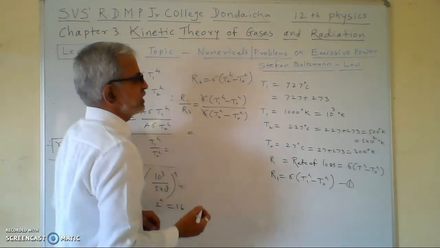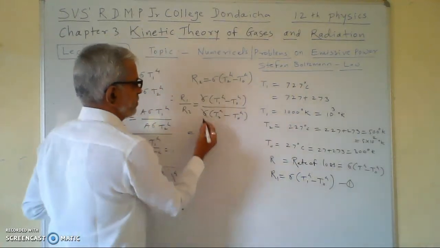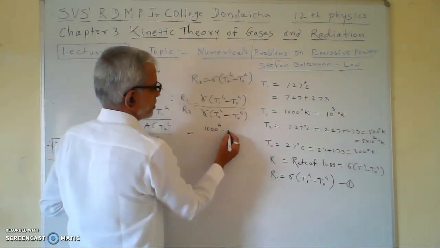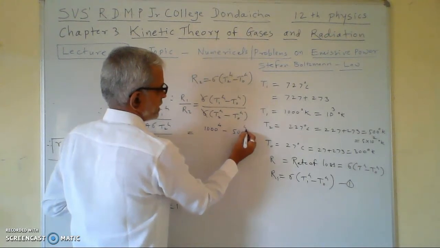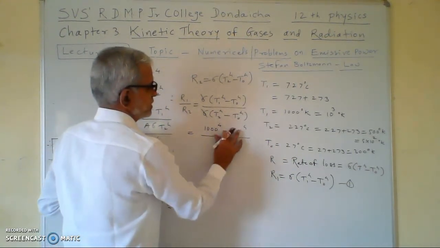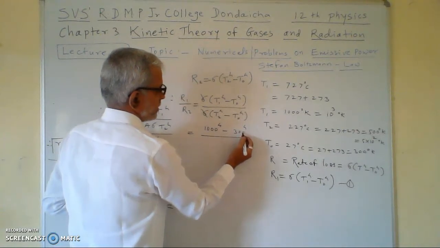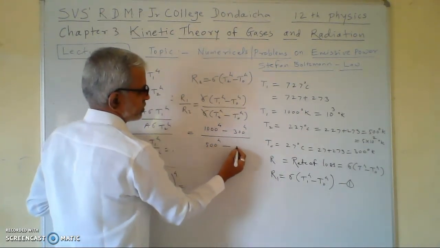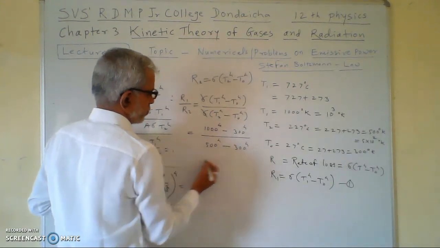Now put value of T1. What is the value of T1? It is 1000 raised to 4 minus 300 raised to 4, divided by 500 raised to 4 minus 300 raised to 4.